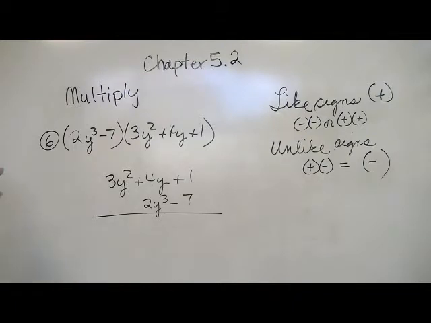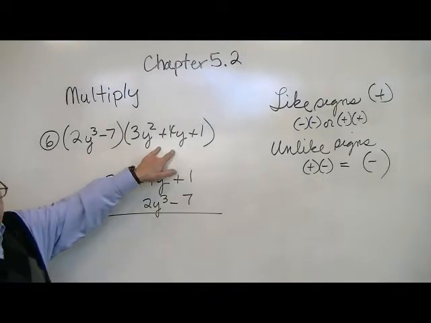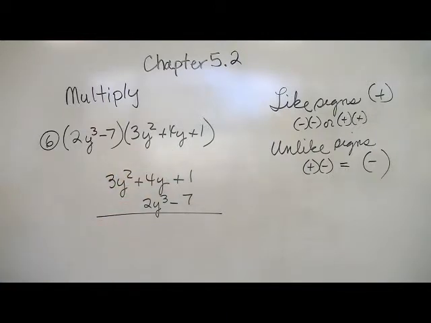Now I skipped number 5, but we're going on to 6. 5 is very similar. Here we have a binomial. We're asked to multiply it by a trinomial. And again, what I want to show you is a strategy to make these a little easier for yourself and almost guaranteed to get the right answer.